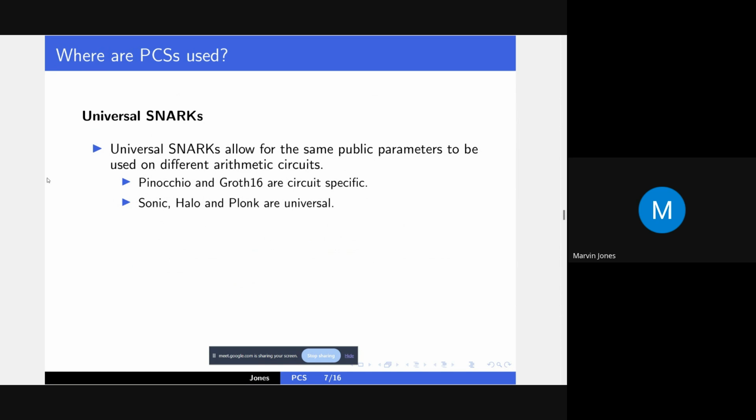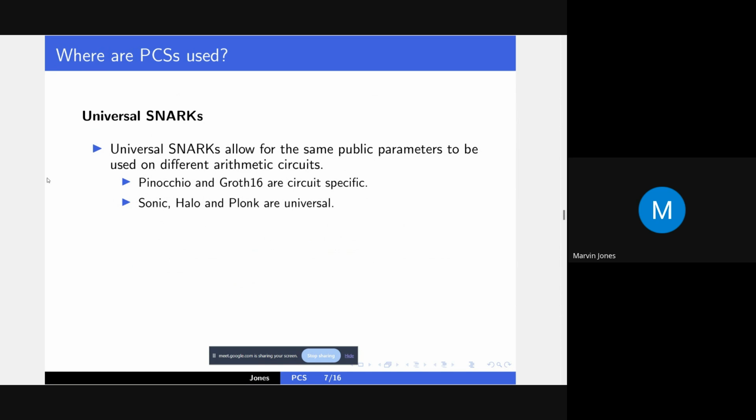And the first one, I believe, is Sonic. Sonic was the first universal updatable SNARK, I believe. I apologize if I misspoke, but it came out very shortly before Plonk, which kind of supersedes it. And then you have Halo, which is based on Sonic, but all of these are universal.